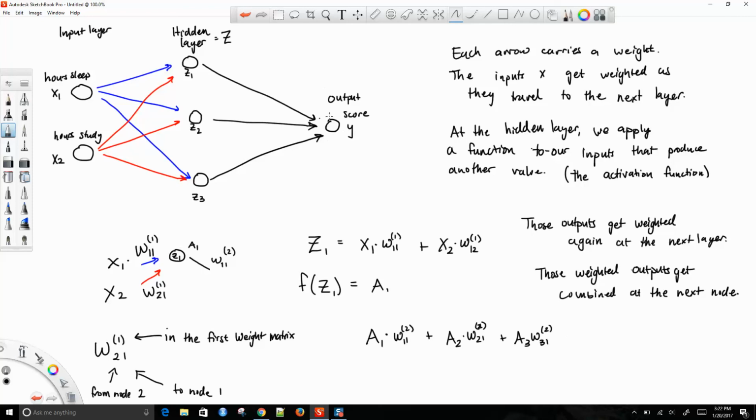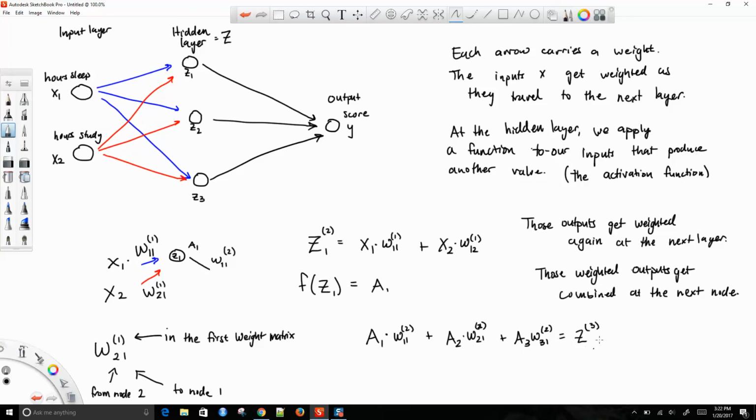And these all come together right here. Lastly, we can call this Z at our second layer, and this we'll say is our third layer.